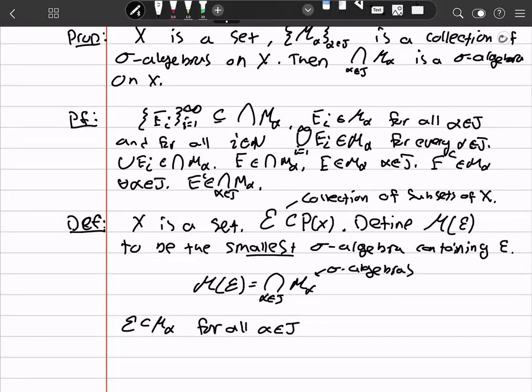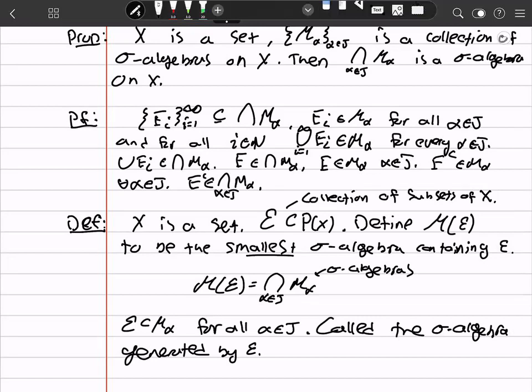So this is called the sigma algebra generated by E. Okay, so what we are doing is we're taking a collection of subsets of X, and we're looking at the smallest sigma algebra that contains it.